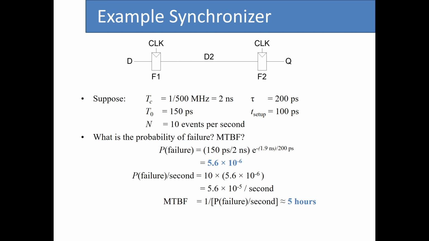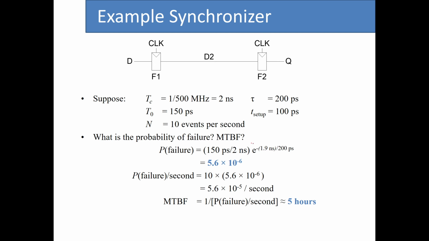We just plug all the numbers that we have into the equations. So for T0, we had 150 picoseconds. For Tc, we had 2 nanoseconds. And then we had e to the negative Tc minus T setup over 200 picoseconds.